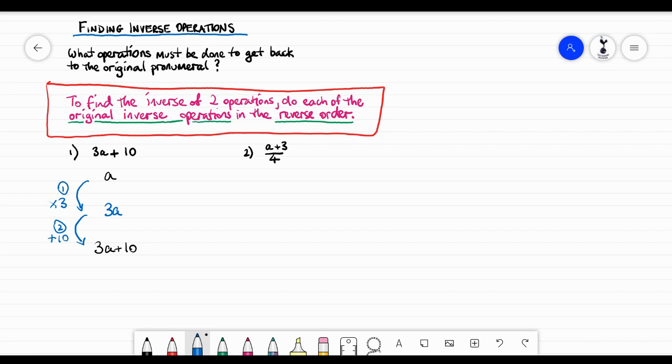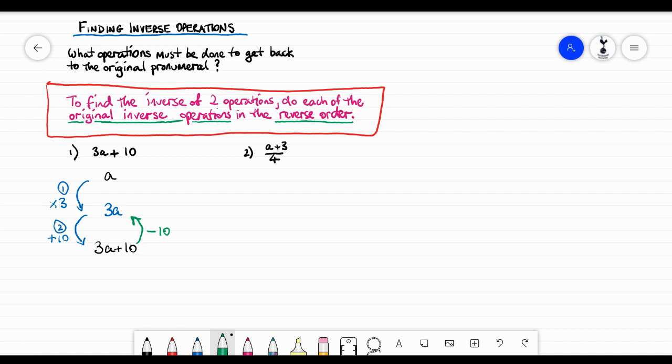So going back to our rule, to go back from 3a plus 10 back to a, we need to do the inverse of the original operations in the reverse order. So we firstly do the inverse of adding 10, which is subtracting 10.